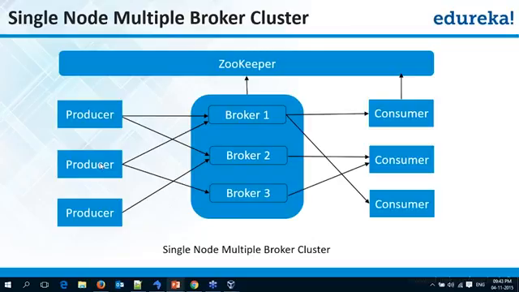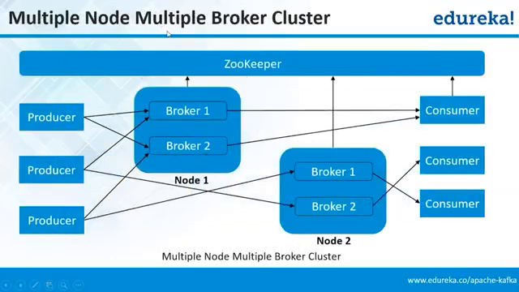Kafka is really good at bundling the messages into batches when real-time data is coming in, which helps reduce a lot of network latencies and round trips. Okay, so that's how the single node multiple broker cluster works.